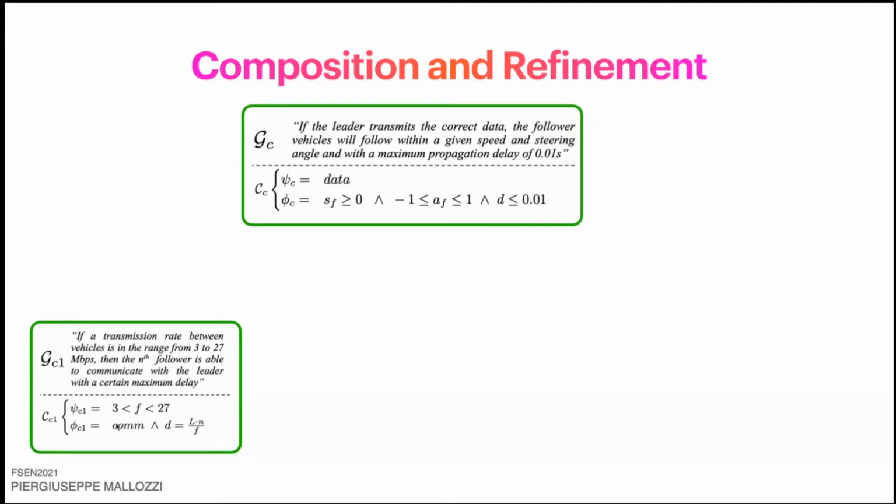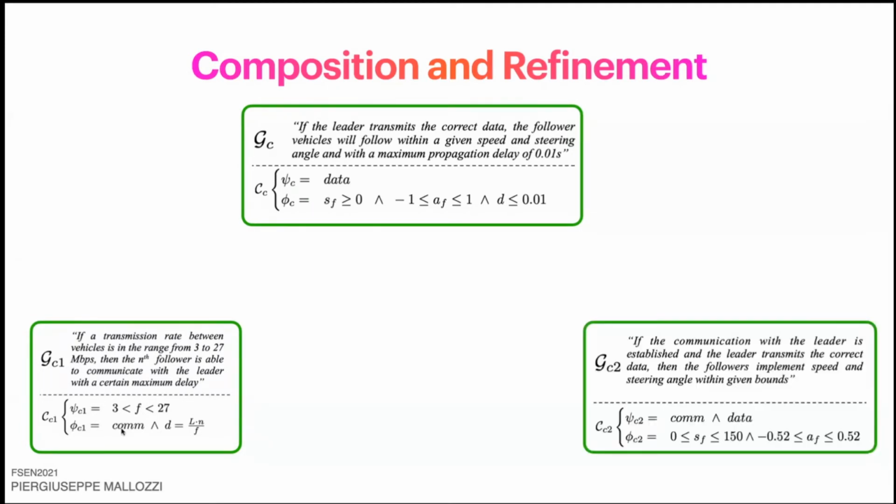Then the other goal assumes the communication. In this way, we can connect it to the other goal if we compose them, for example. So these guarantees are assumed by this other goal. And this other goal, assuming the communication, guarantees that the follower implements the speed and steering angle within the given bounds, which are more refined.